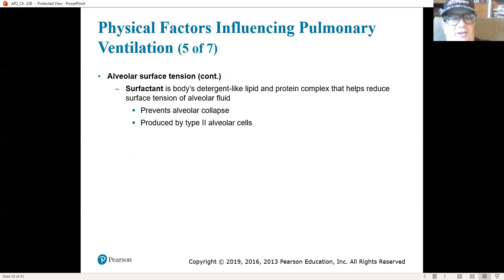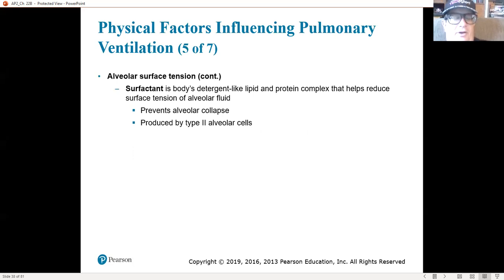So surfactant is a body's detergent like lipid. I hate the way they're wording this because soap is a surfactant. Surfactant is something that reduces surface tension. What they should have said is the body's detergent like lipid serves as a surfactant.